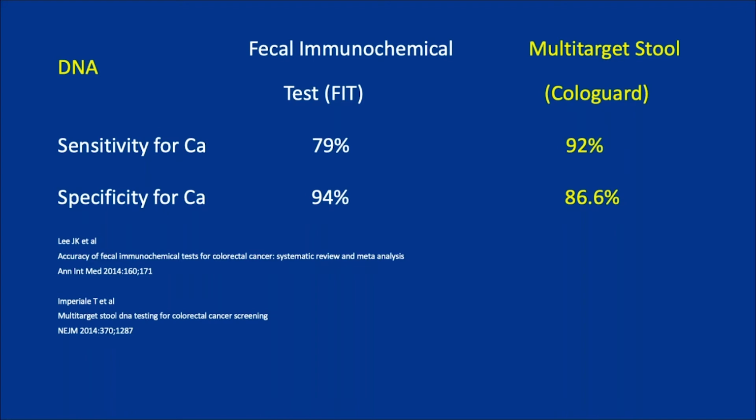So be aware that false positive tests happen. And some of my GI societies, until further information is available, is sticking with the fecal immunochemical testing until we have much more information about the Cologuard testing, the multifactorial testing.